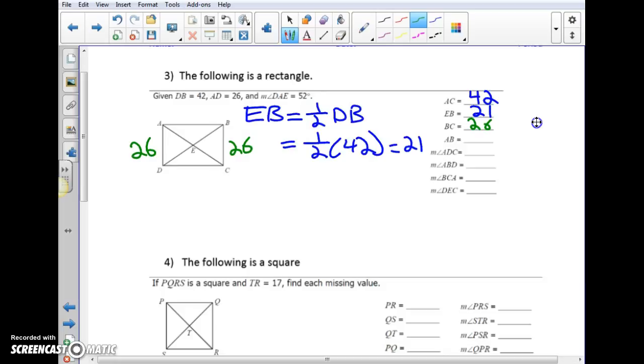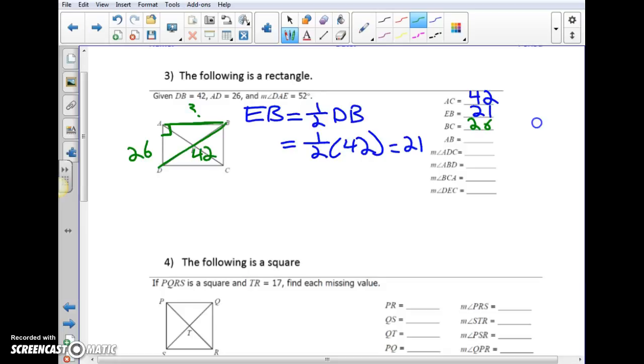The next one, AB. Well, to do this problem, what do I know? Let's see, I know that AD is 26. The entire length of DB here, I know that it is 42. And I know that angle A is a right angle.